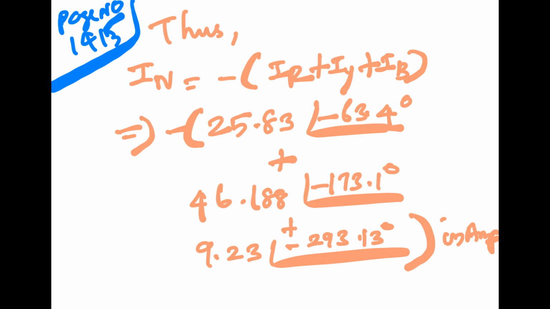We obtain the neutral current IN in negative value, because the neutral current must be equal and opposite to this sum.